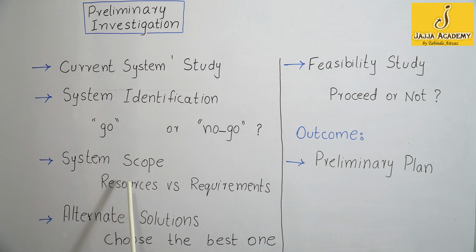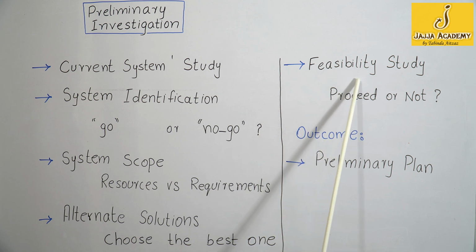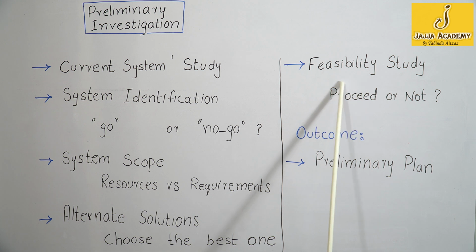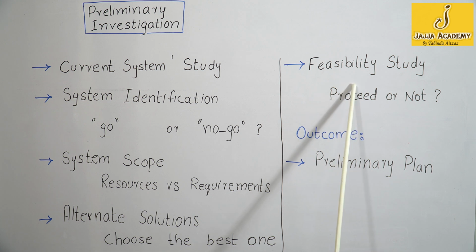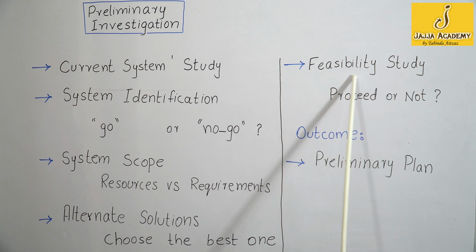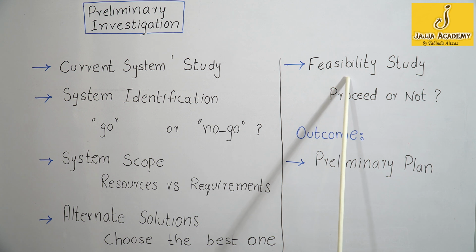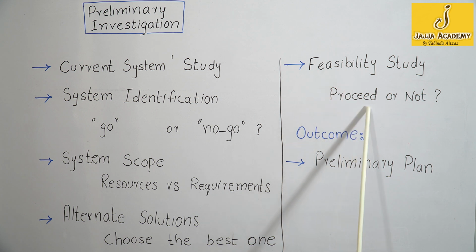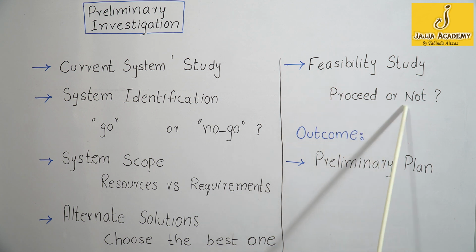After defining system scope and alternative solutions, a feasibility report is made. Team finally decides whether to start the project within the given resources or to stop here. After the feasibility study, a feasibility report is made that tells whether to proceed with developing the new software or not.